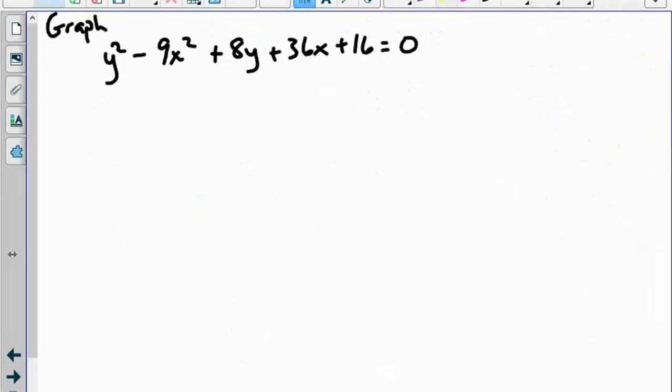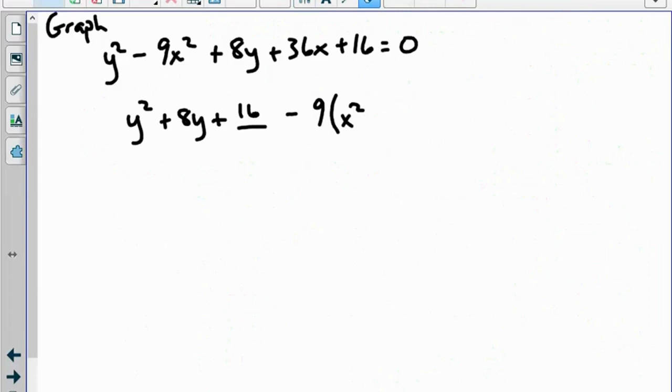Okay, y squared minus 9x squared plus 8y plus 36x plus 16 equals 0. Y squared plus 8y plus 16 minus, we're going to factor out a 9 here. So x squared, plus, no, that would be minus because we factored out a negative 9.